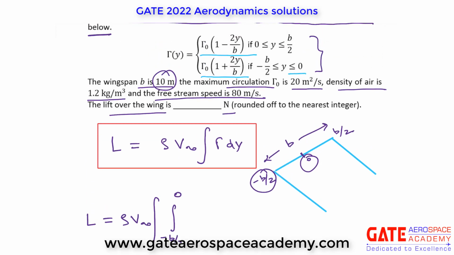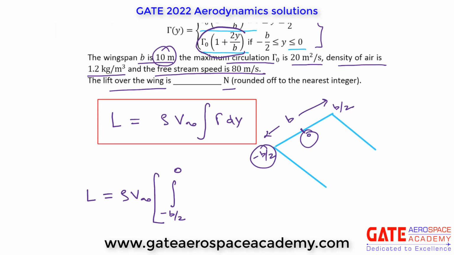For this expression, gamma naught 1 plus 2y by b dy plus integration 0 to b by 2.